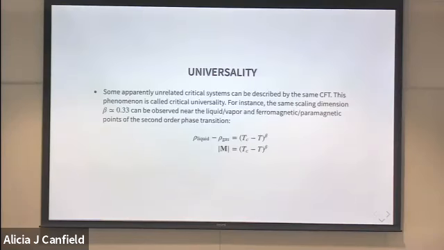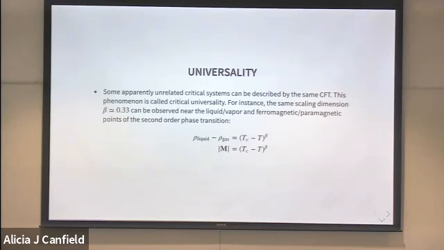Right. So I mentioned before that conformal field theories are quite useful because they describe critical states of matter. And one thing about critical states of matter is the phenomenon of universality. Universality means that different systems, when put in a state of second order phase transition, exhibit the same quantitative scaling behavior with the same scaling exponents.